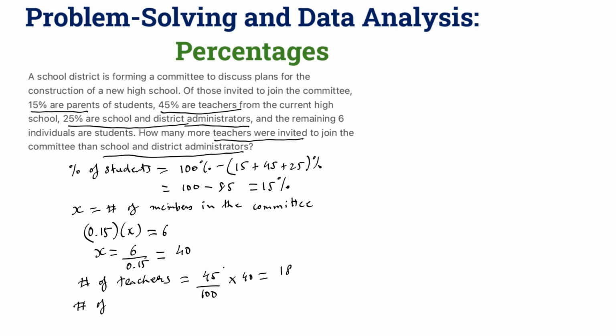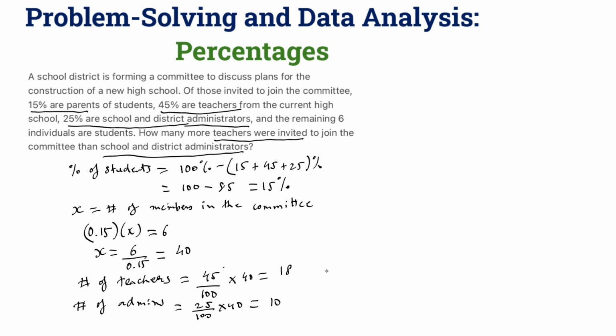And the number of admins is going to be equal to 25 over 100 times 40, which is going to be equal to 10.